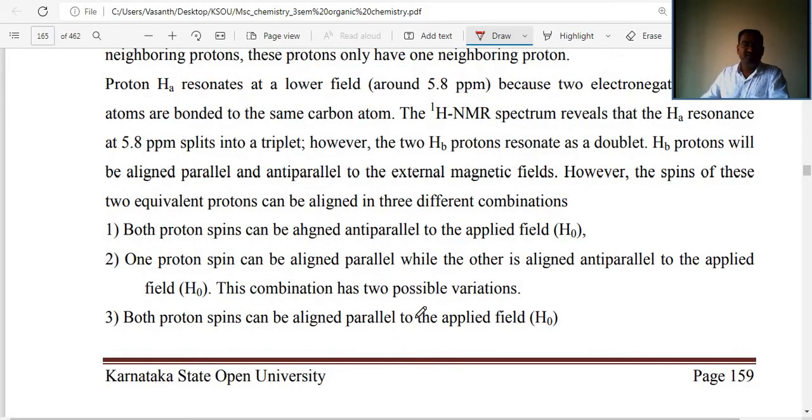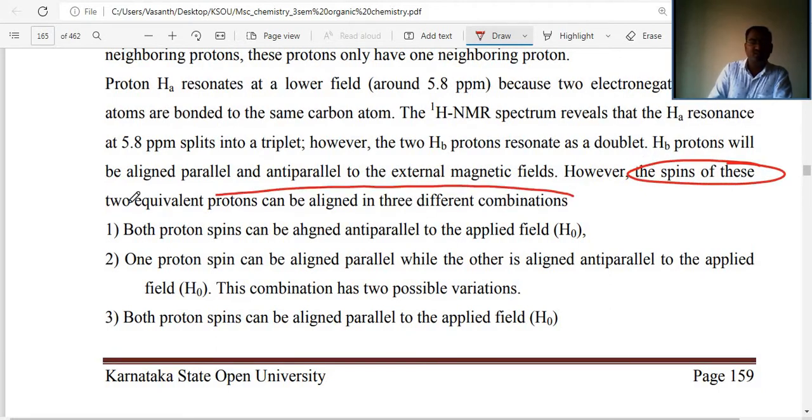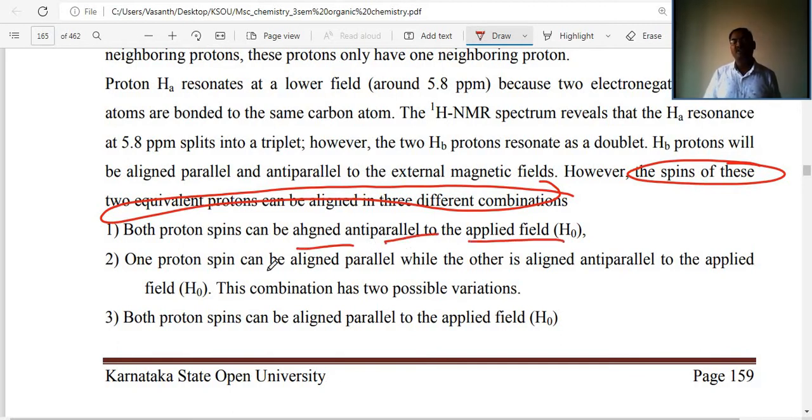Next we consider the spins of these two equivalent protons, which can be aligned in three different combinations. Both proton spins can be aligned anti-parallel to the applied field.